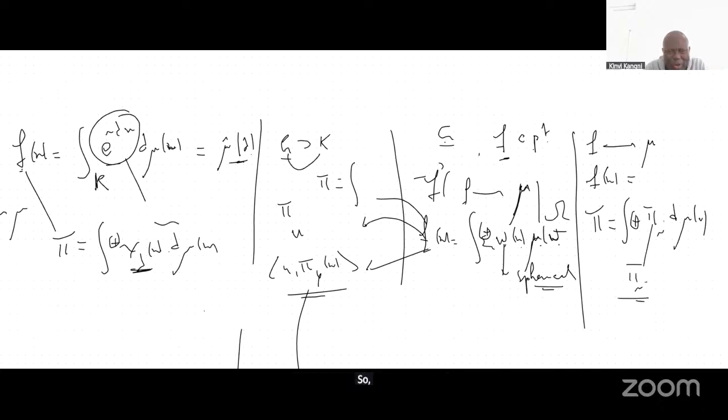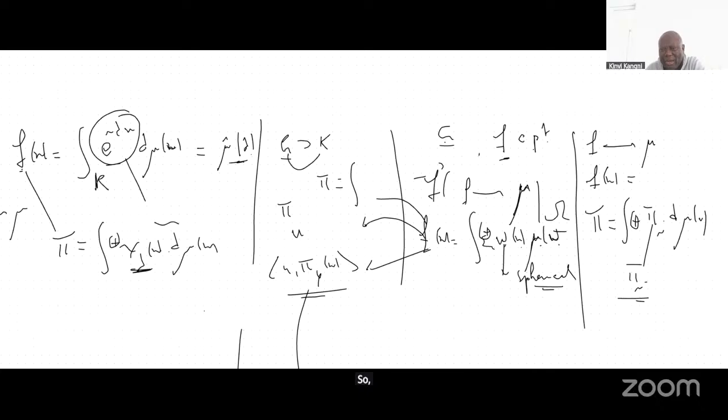When you have a group, you have representations of the group which are not finite dimensional. You cannot decompose this kind of representation into a direct sum of irreducible representations, but you can decompose it continuously by using the direct integral, which is called the Bochner theorem in the general case.